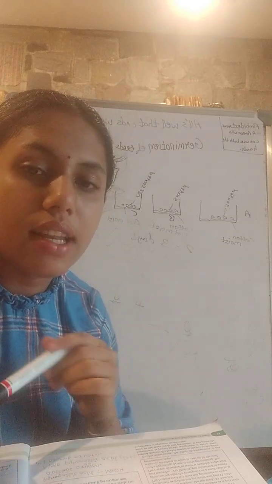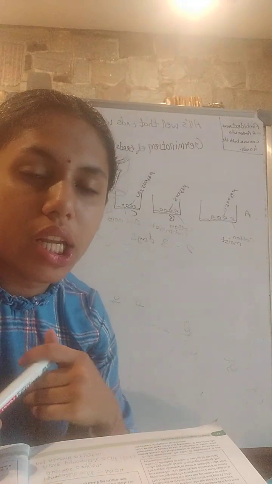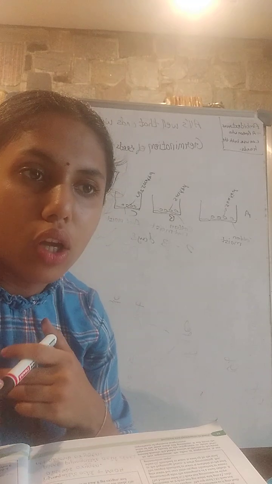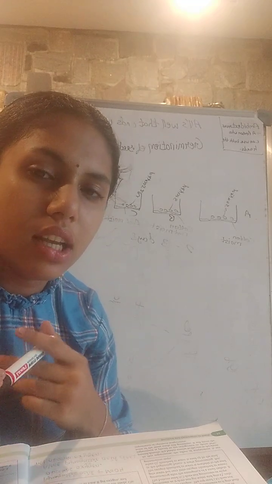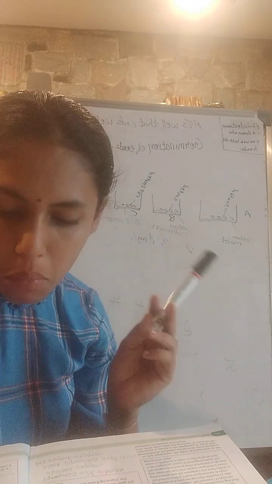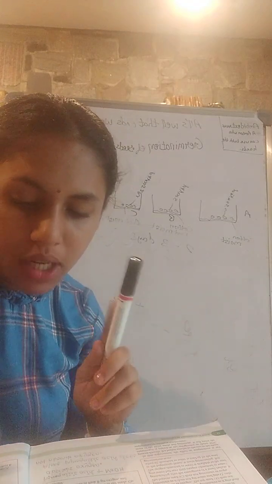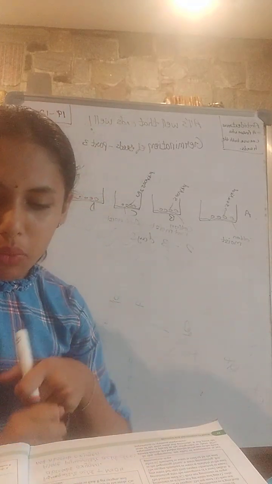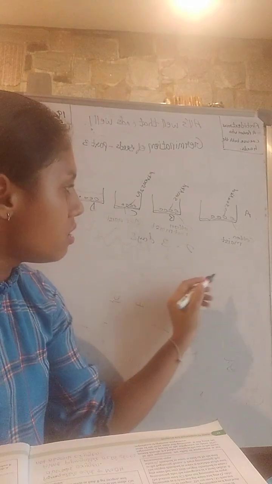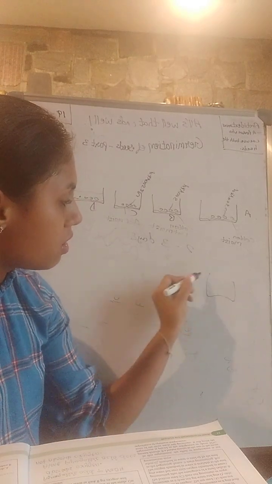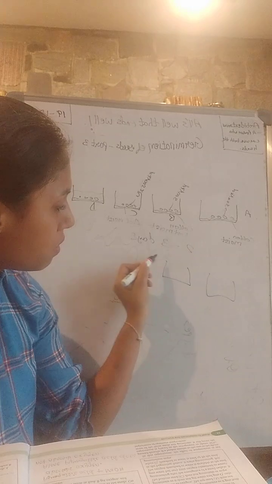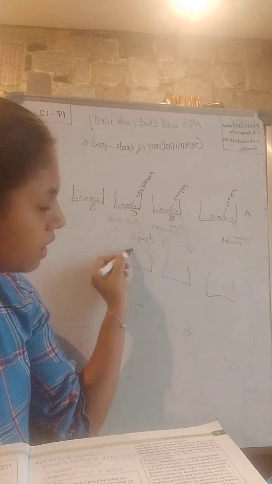Now the next experiment. In experiment number 2, we need 3 petri dishes. 1, 2, 3.